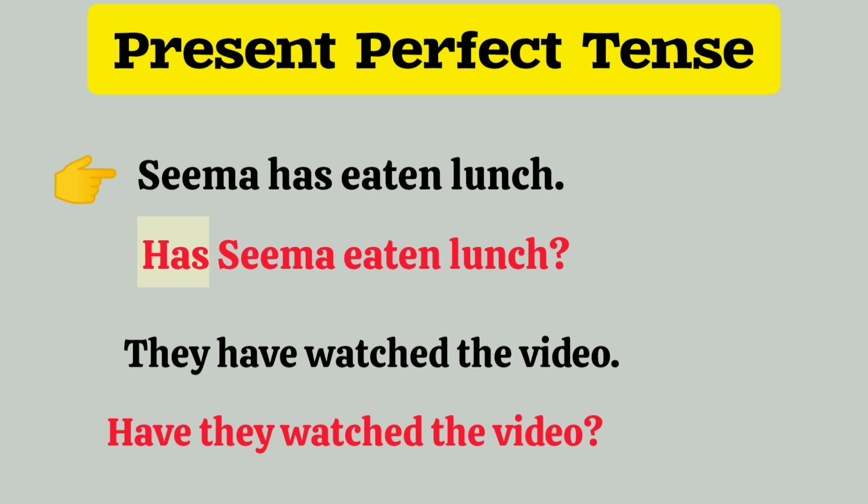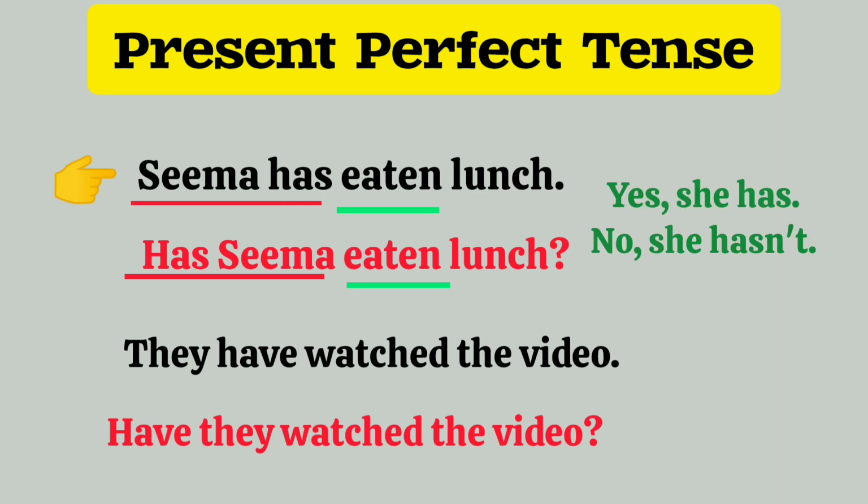Has Seema eaten lunch? Notice that the placement of the past participle doesn't change. We have simply changed the order of the first two words. Has Seema eaten lunch? And the answer could be yes, she has, or no, she hasn't.